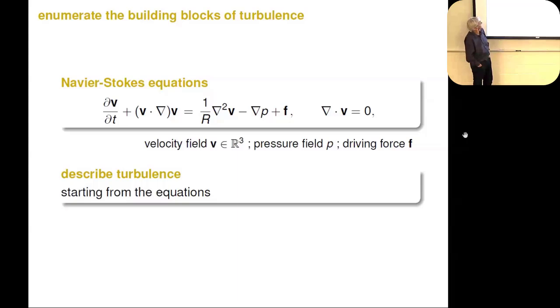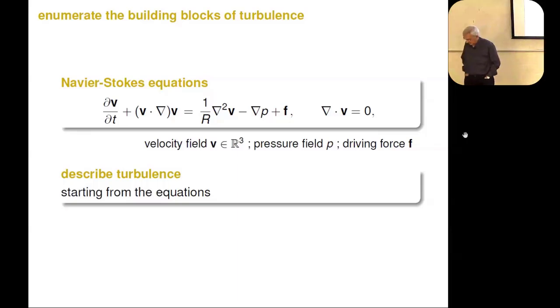What it does is it makes Navier-Stokes a nonlinear equation because it depends on second order in velocity. And it turns out we don't know how to do this very well. We've been beating at it for at least 150 years by now. And we know some stuff, but the story is not finished.